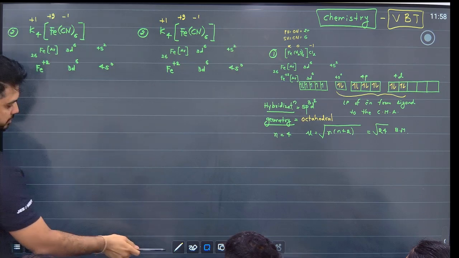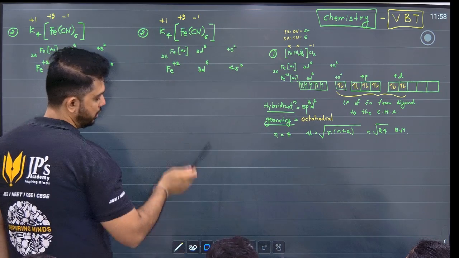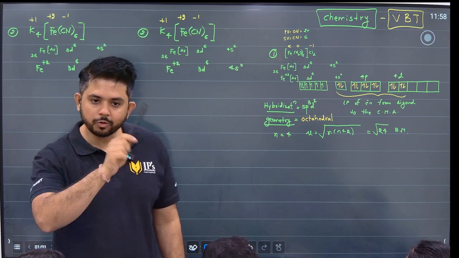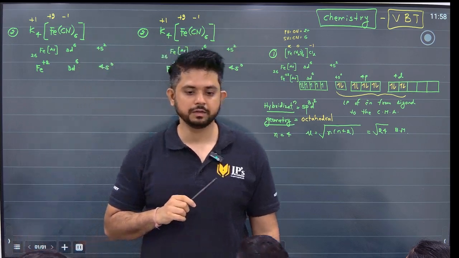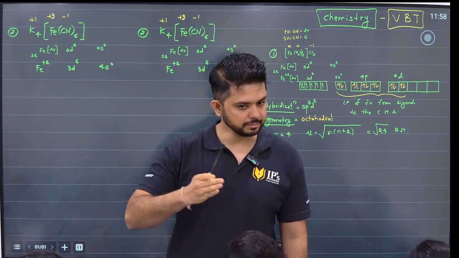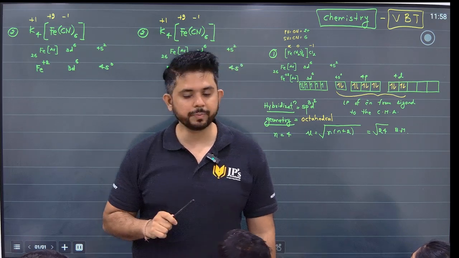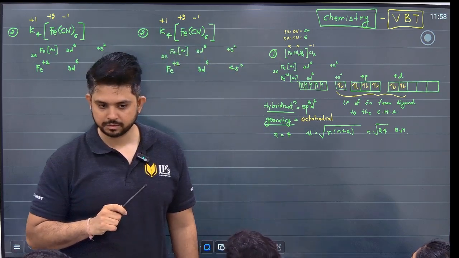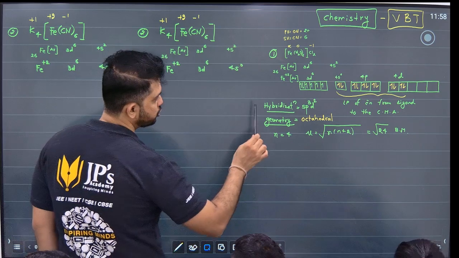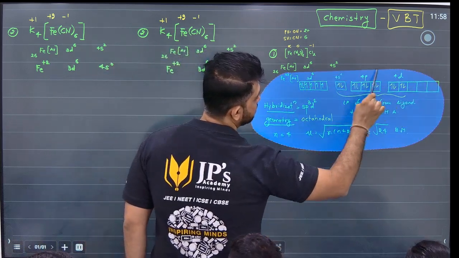After this, what will we do next? What is the coordination number over here? 6. So how many lone pairs are going to be? We have to form 6 coordinate bonds. So the central metal atom is going to get how many lone pairs? 6. Where will the 6 lone pairs be accommodated? Yes. In short, can I say all this is going to remain the same?